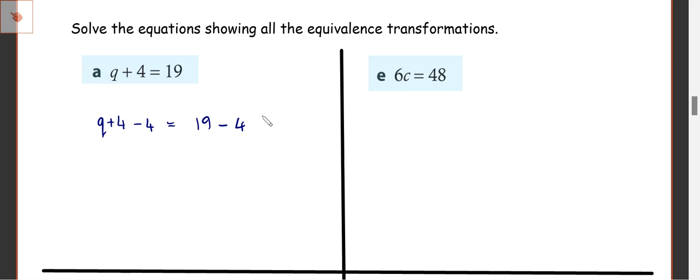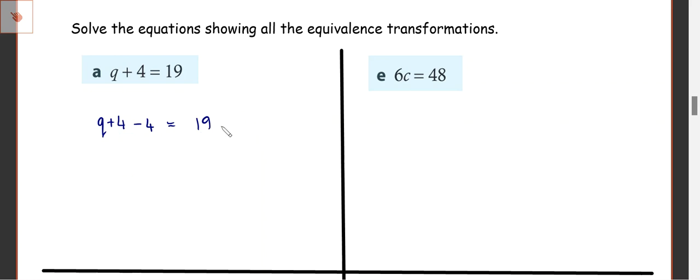You might be going, I don't know why you've done it, but it is true, right? If I subtract 4 from both sides, is this still true? Is my equal sign true? Yes, it is. Now, just to make you clear, if I write Q plus 4 minus 4 equals 19 without the minus 4 on the other side, is that true? That would be a no.